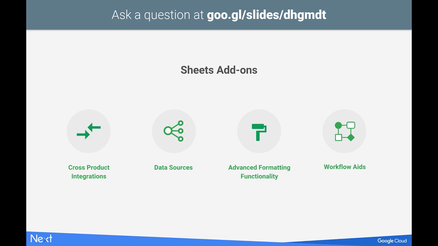Sheets add-ons, as well, have been created for a variety of use cases. We've seen Sheets add-ons that allow for cross-product integrations, add-ons that pull in data from external sources, such as Google Analytics and third parties. There are add-ons that help with advanced formatting in order to make spreadsheets look professional, as well as add-ons that provide workflow assistance, such as automatic document creation and mail merge.